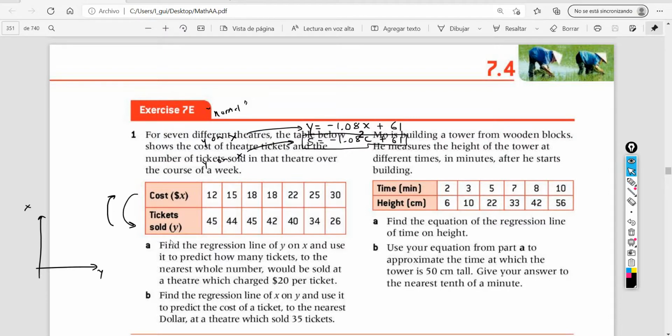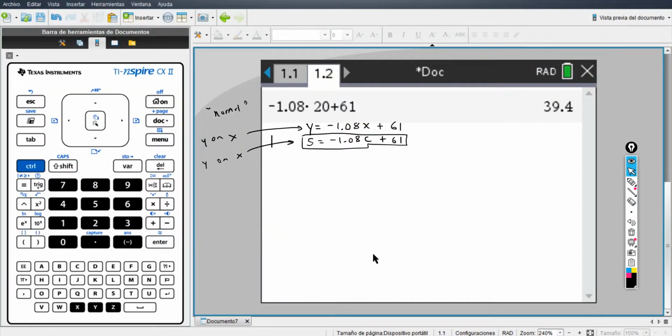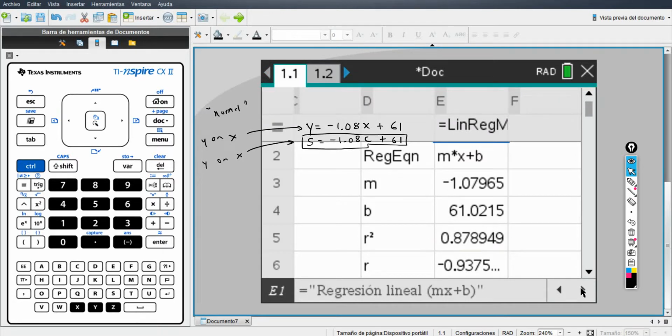How do we apply that on the TI in order to get the regression line of x on y? Let's see. Let's go to the TI. Go to my document. Okay, I'm going to leave this data in here just for reference.